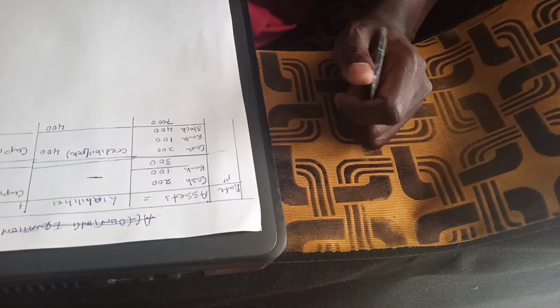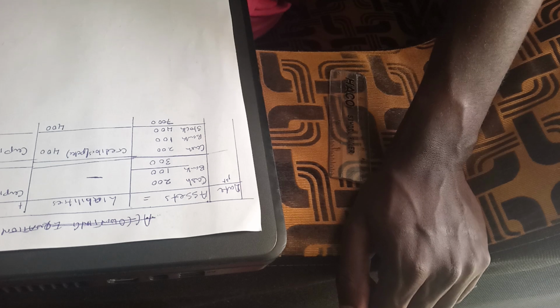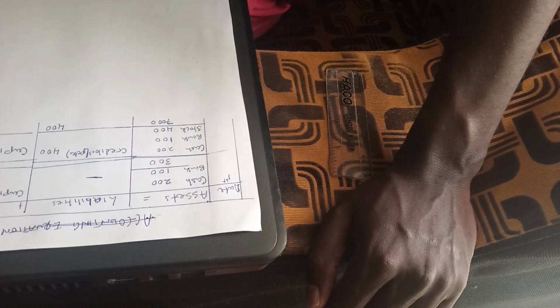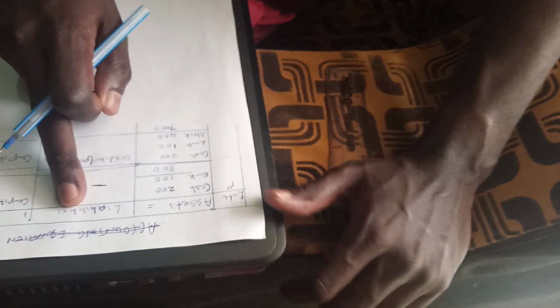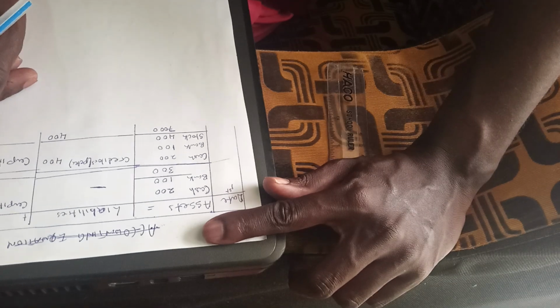And on capital, we have 300. But remember, the accounting equation says that total assets are equal to the sum of liabilities and capital.